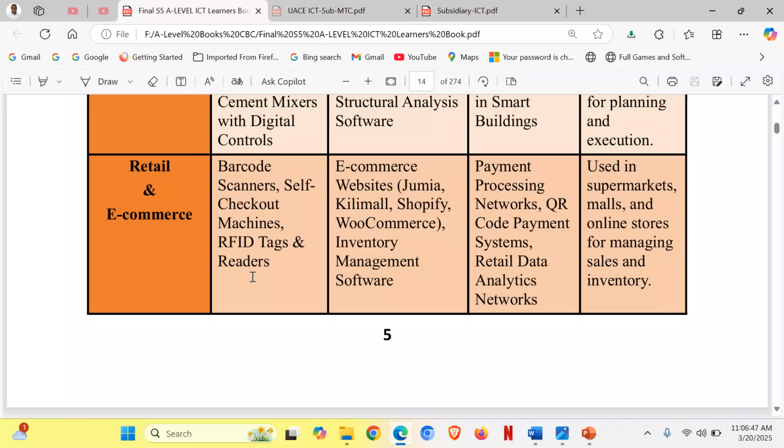We have e-commerce websites like Jumia, Kilimall, Shopify, WooCommerce, etc. Inventory management software. Then how about the network ICT tools? We have payment processing networks, the QR code payment system, the retail data analysis networks. All these are used in supermarkets, malls, and online stores for managing sales and inventory.